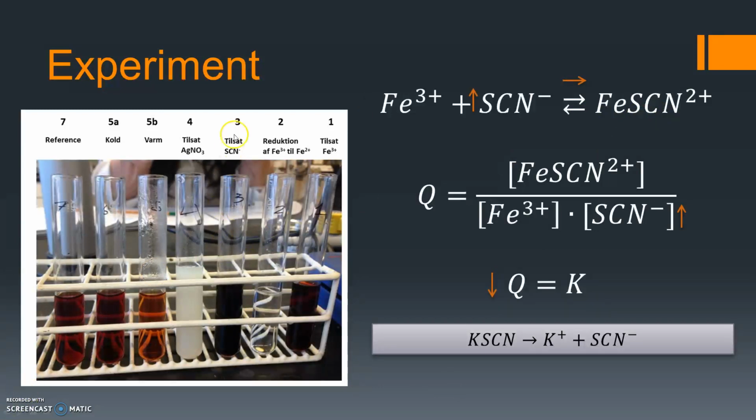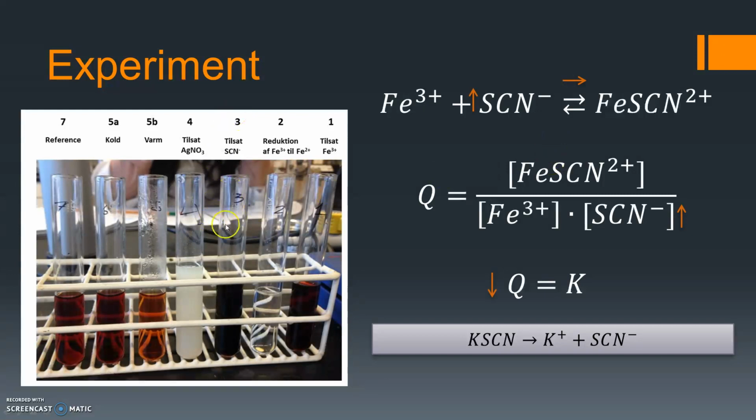And here in the third test tube we added some potassium thiocyanate to the solution, which split into potassium ions and thiocyanate ions, which caused an increase in thiocyanate ions and an increase in the equilibrium expression here, and that caused Q to be lower than the equilibrium constant, which meant that the equilibrium would have to shift towards the right and create more products from the reactants, so that this denominator would be lowered and the numerator would become greater.